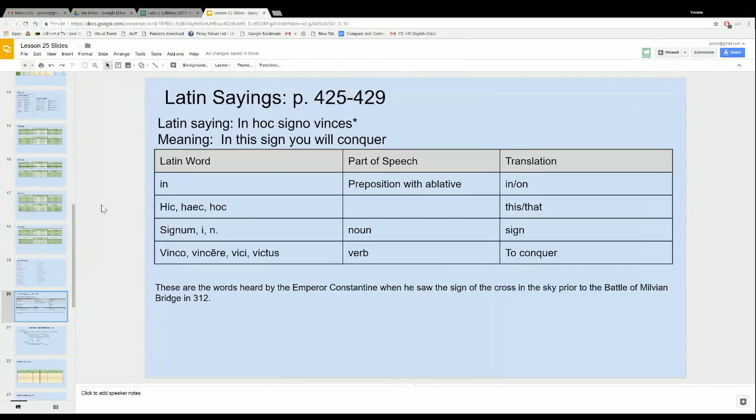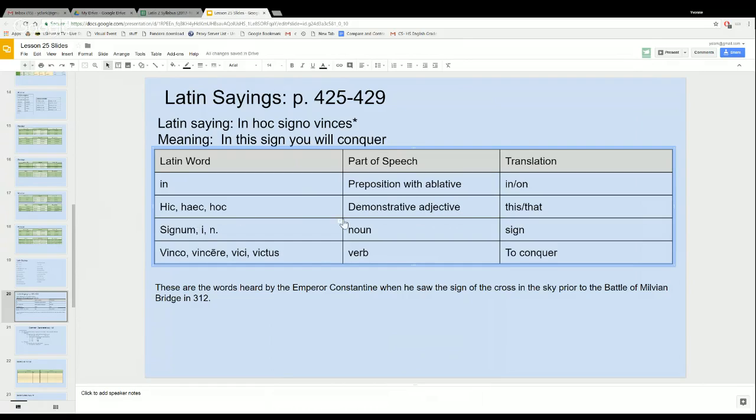Okay, so let's break it down. In, obviously, is a preposition which, because it means in or on, is used with the ablative. And then we have hic, haec, hoc. In this case, this is a demonstrative, this, but it's obviously this sign, so it's working as an adjective here.